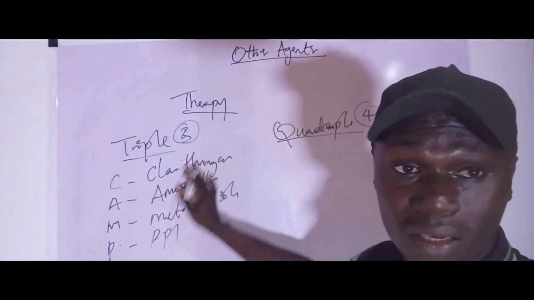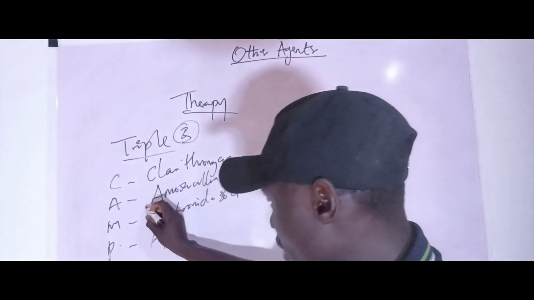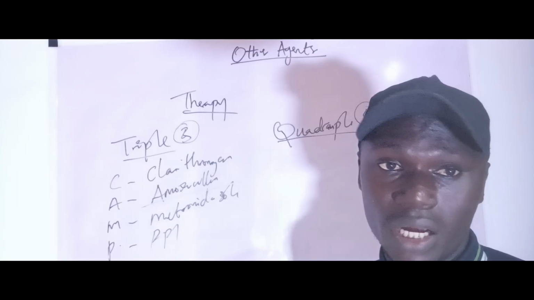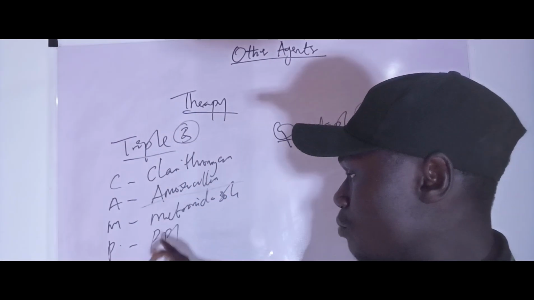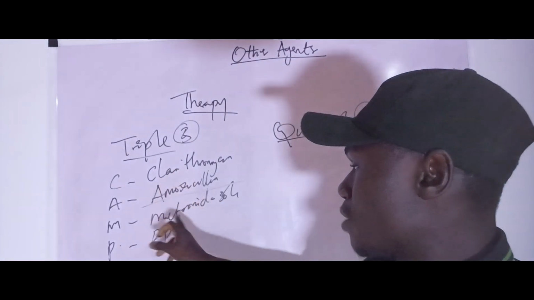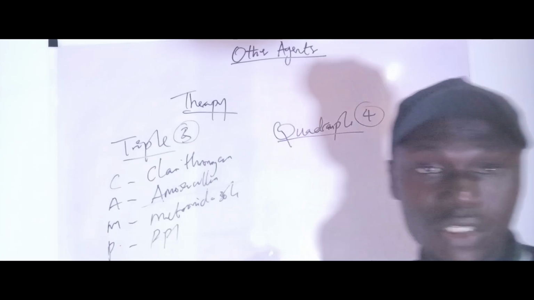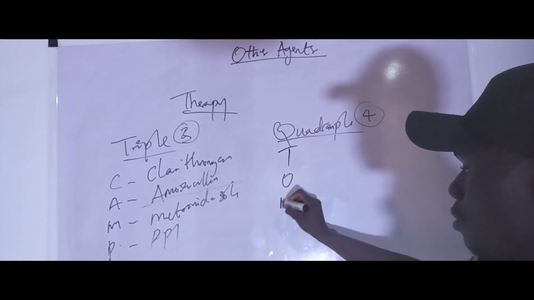You will ask me now, there are more than 3 drugs here. It means that in this triple therapy, you give either amoxicillin or metronidazole. So clarithromycin, amoxicillin, PPI, or clarithromycin, metronidazole, PPI. But for the quadruple therapy, the mnemonic we use is TOMB therapy.